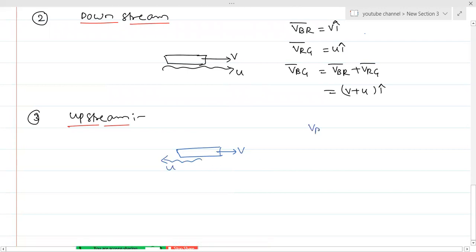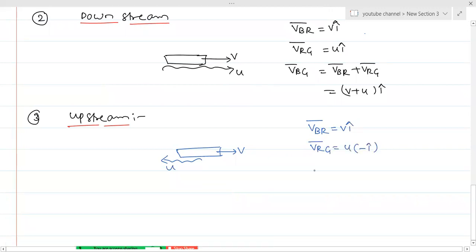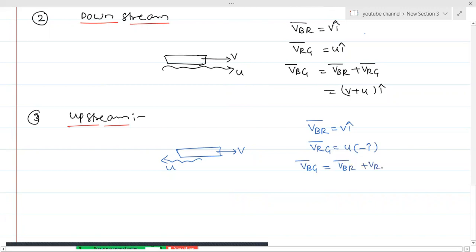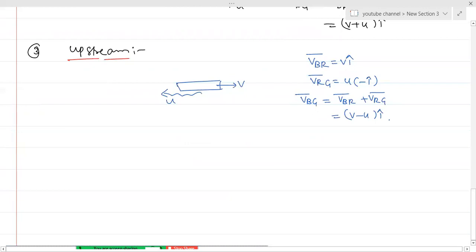So the velocity of the boat with respect to the river is v i cap, and the velocity of the river with respect to the ground is u into minus i cap. To find the velocity of the boat with respect to ground, we write VBR bar plus VRG bar, which is v minus u into I cap. In this way we covered some special cases of relative velocity.